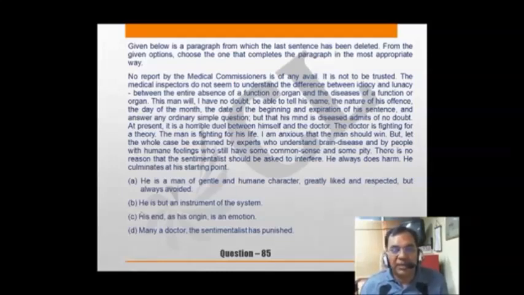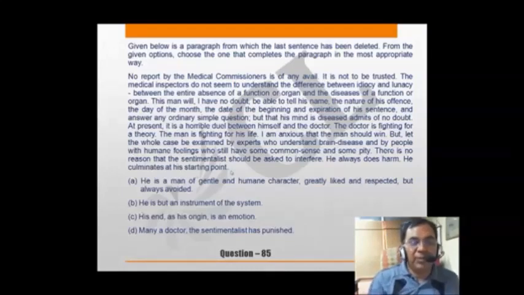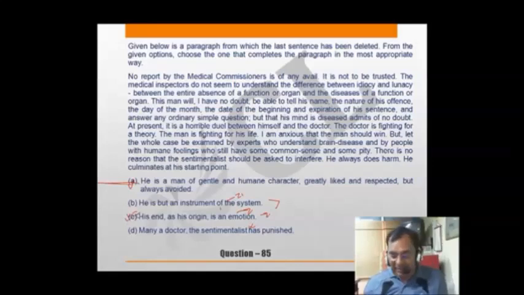The sentiment is, he culminates as a starting point. And he is but an instrument of the system. He is a man, generally kindly, but always avoided. No, this cannot be it, because we have to talk about sentimentalism. He is but an instrument of the system. His end is origin as an emotion. No. Okay, sentimentalist, his end as his origin is an emotion. That's what qualifies sentimentalism. So therefore this becomes the answer.